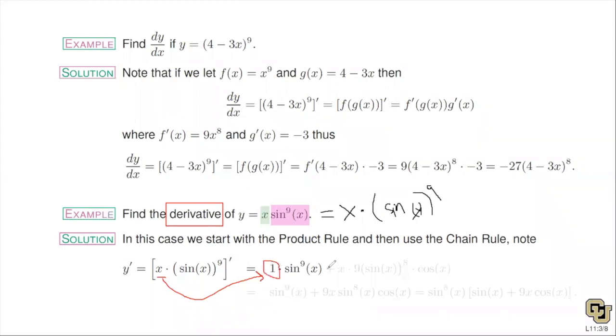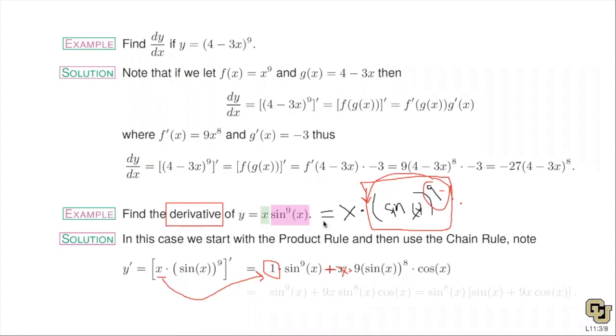Now I'm going to put in a plus. I'm going to copy the first function. And then I want to do a chain rule on sine of x raised to the 9th. So think of this as blah raised to the 9th. For the derivative of the outside, I'm going to do a power rule. Bring the 9 down in front, subtract 1, and then I'll have to do the derivative of the inside.